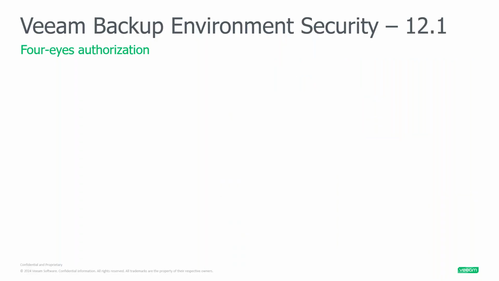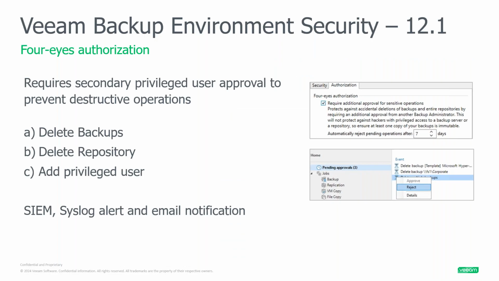Now in 12.1, we basically take a step further. We have added the four eyes authorization enablement, as an inbound operation to ensure secondary approval is required before any operation like deleting backups, backup infrastructure modifications, or even adding a previous user, or worse, a compromised account that is added into your backup infrastructure, right?